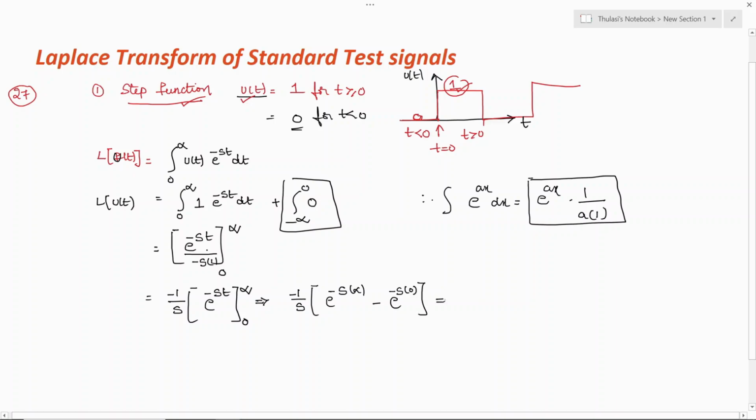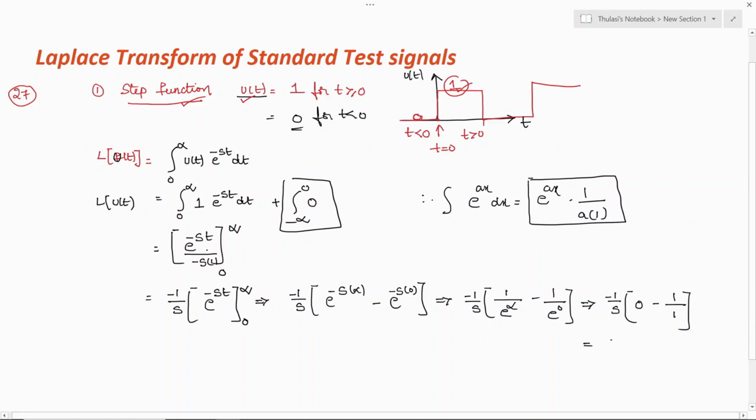So this is minus 1 by s into 1 by e to the power infinity minus 1 by e to the power 0. Now 1 by infinity is nothing but 0, and e to the power 0 is nothing but 1. So this is minus 1 by s into 0 minus 1.